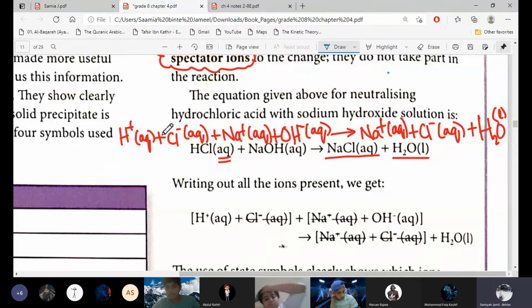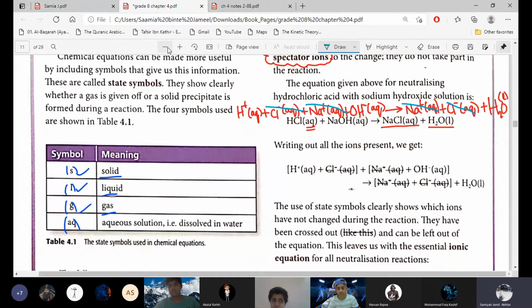Na. Very good. Na positive aqueous on the reactant side, and the same on the product side. And the spectator ion Cl. Yes, Cl negative and Cl negative are equal on both sides. We have cancelled the spectator ions, the same ions we cancel out, and now we will write the rest of the ions separately.